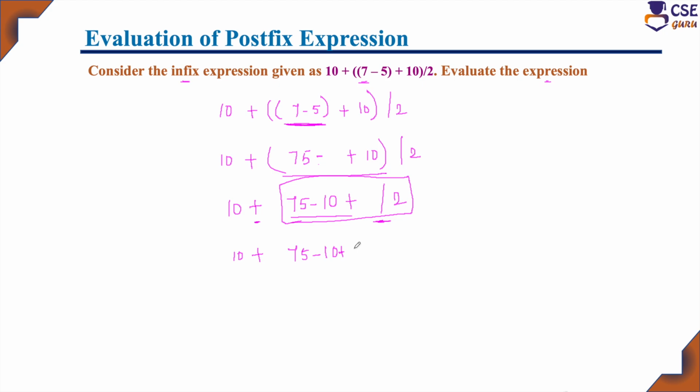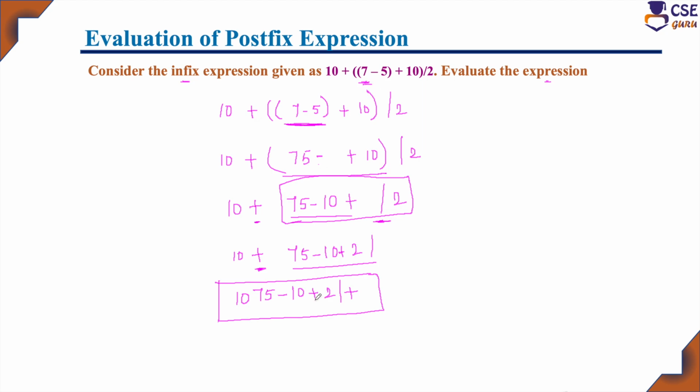Then the second operand is 2, operator is division. Next, only the addition operator. The first operand here is 10, the second operand is this whole thing, 7 5 minus 10 plus 2 division, and here the operator is plus. So, this is the postfix expression for the given infix expression.